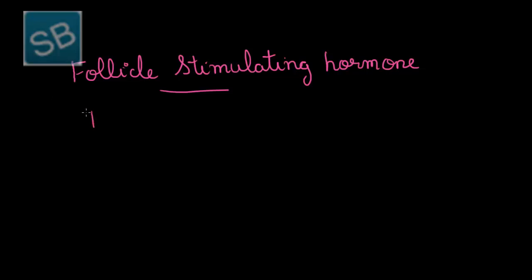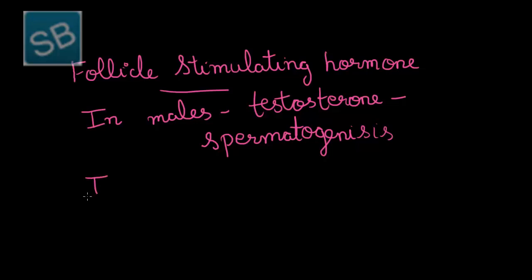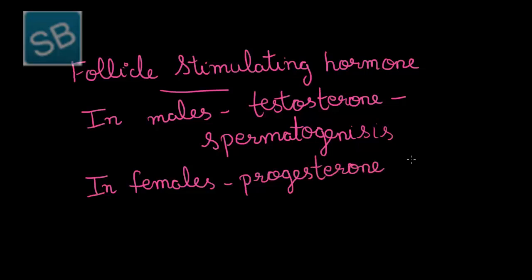Therefore, in males, testosterone is produced which helps in the process of spermatogenesis, and in female it regulates the production of progesterone and helps in the process of ovulation.